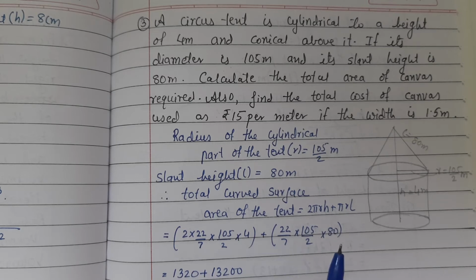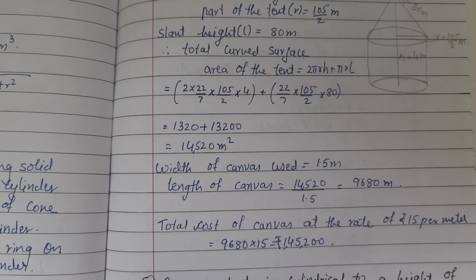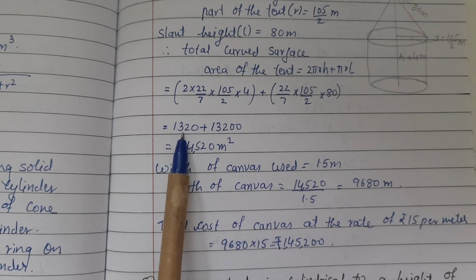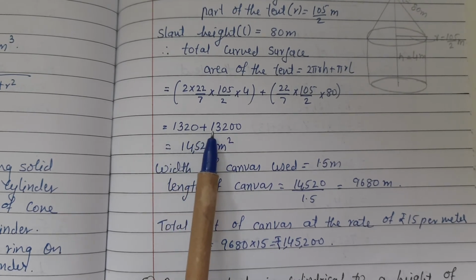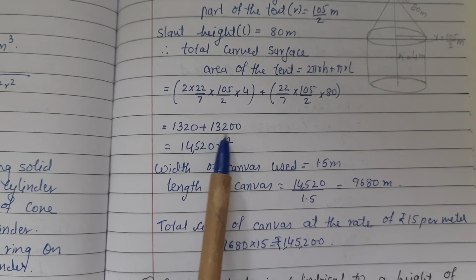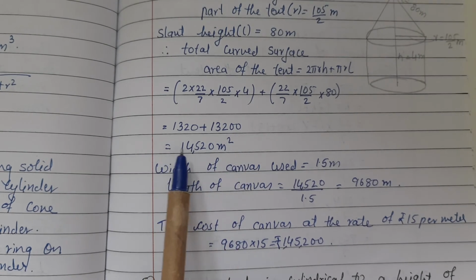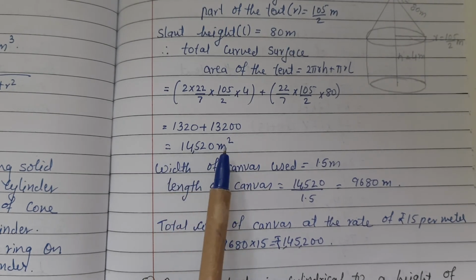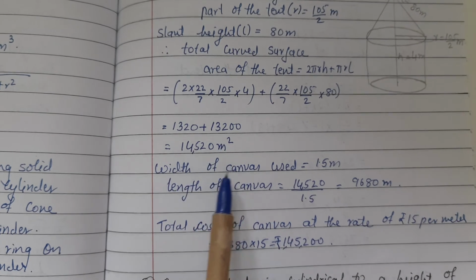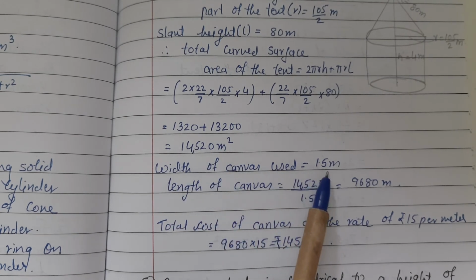by 2 into 80 equal to 1320 plus 13200, which is equal to 14,520 meters square. Width of the canvas used is 1.5 meters.